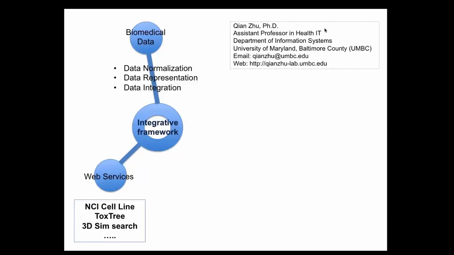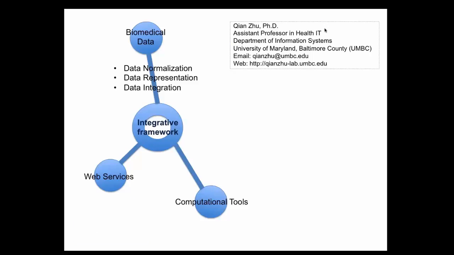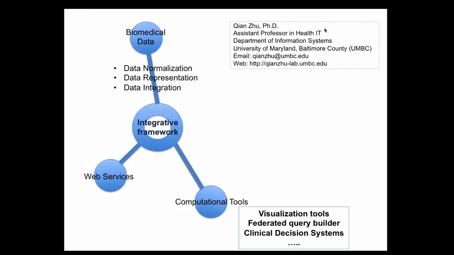For example, some of the prediction models we have created can be integrated so we can utilize such results to present to the end user. In another part, we can aggregate computational tools, for example visualization tools.